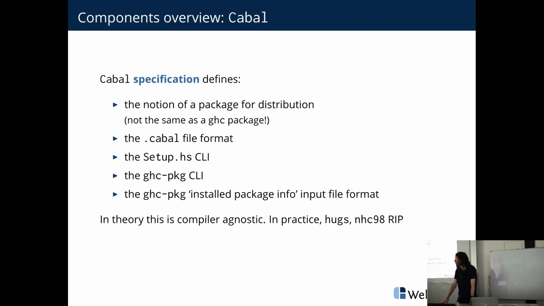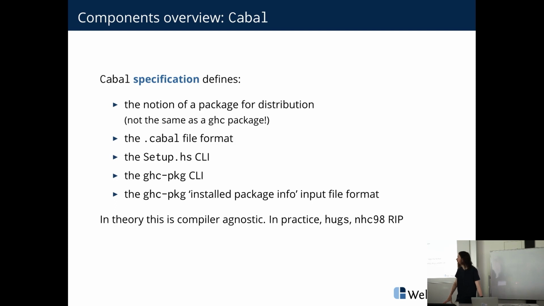The Cabal spec also partially specifies the GHC package CLI, not specifically GHC, because it was like, compiler NHC, Hugs, we're all supposed to have this CLI for registering packages. And the input format for GHC packages, which is the installed package info, that is also specified in the Cabal spec.